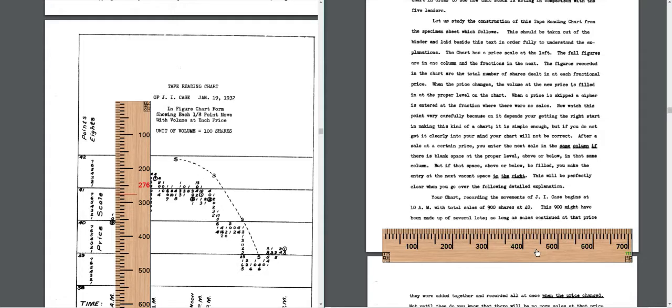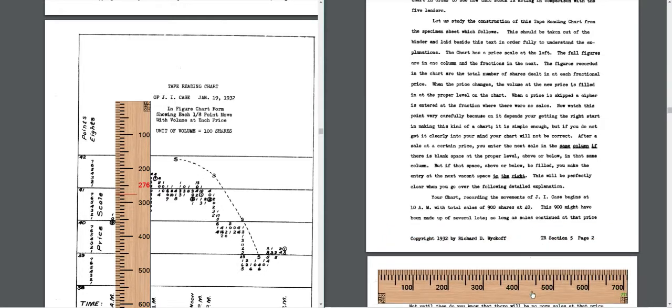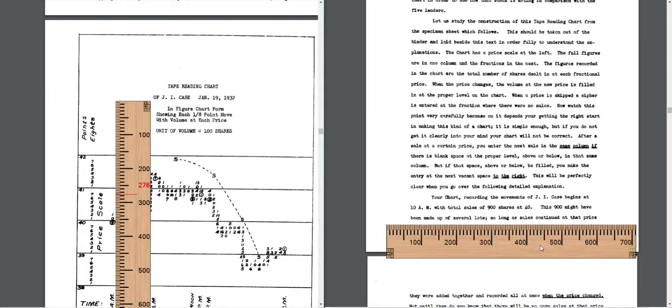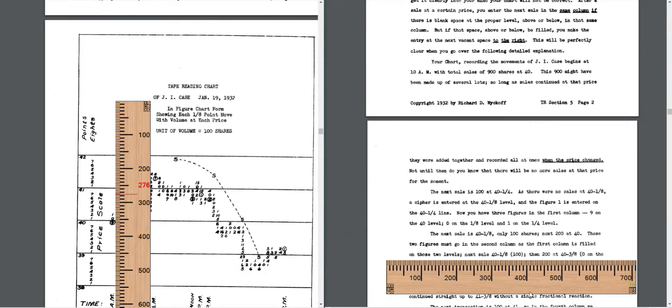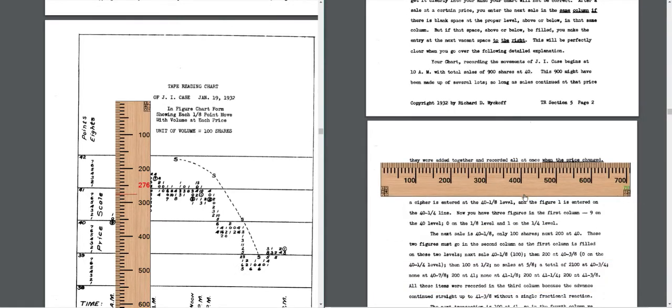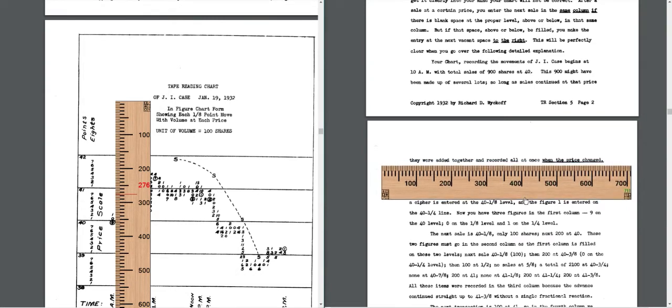As long as the sales continued at that price, meaning they want 40 bucks, so they keep on buying and buying in small lots or large lots. The lot size is irrelevant. They were added together and recorded all at once when the price changed.